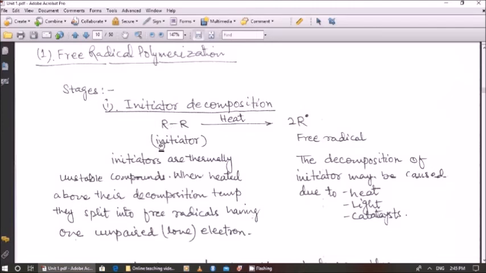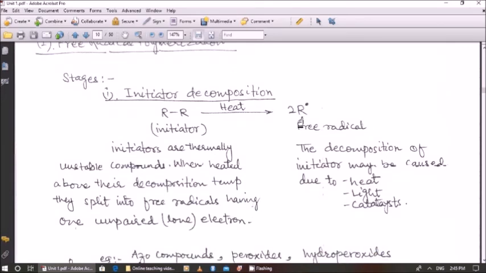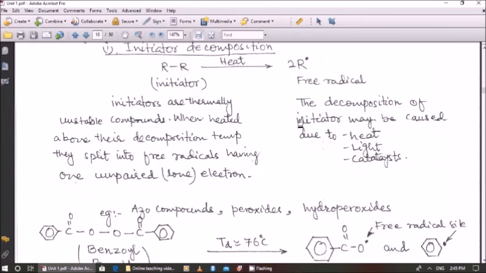Here R bond R is the initiator, which is a thermally unstable compound, and when heated above its decomposition temperature, it splits into free radicals having one unpaired or lone electron. So you can see, when I heat this initiator, it forms two free radicals. The dot represents the active site, and this is the identification for the free radical.